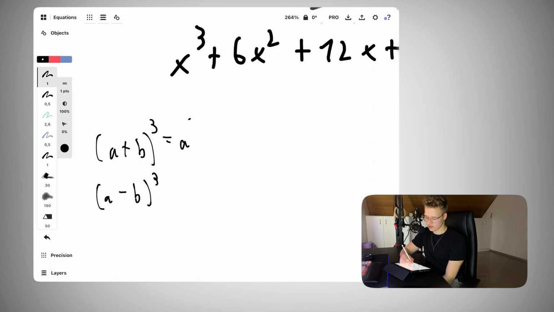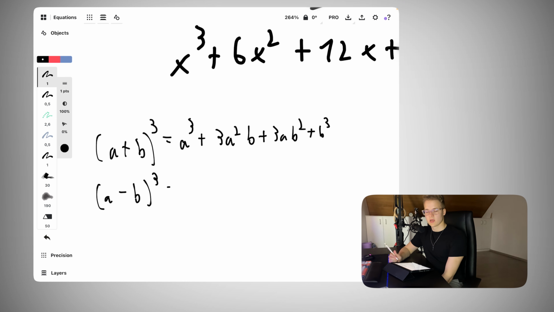So the first one is a to the power of 3 plus 3a squared b plus 3ab squared plus, sorry, plus b to the power of 3. And in the second one, we have the same thing, except with a minus sign. So if we have a negative sign here, we're gonna have one here and here, okay?